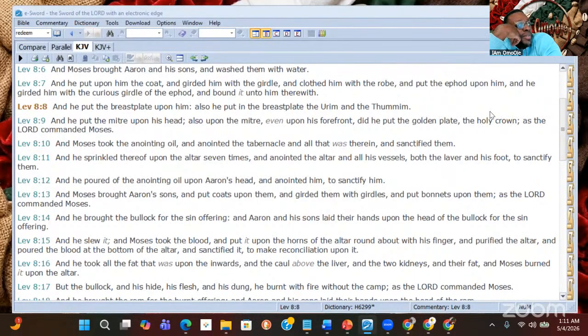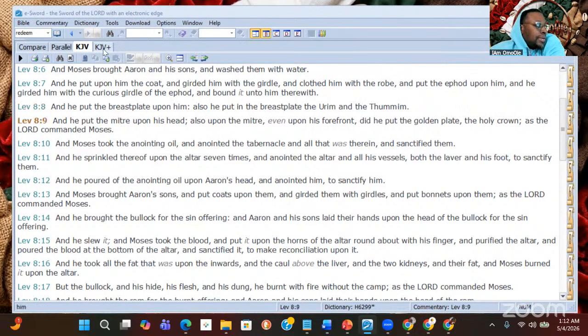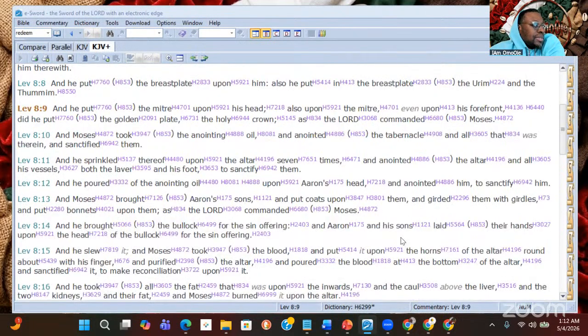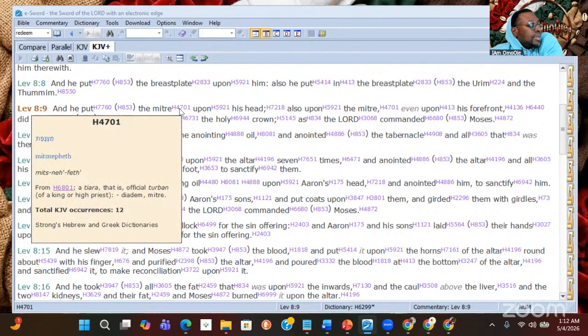And he put the mitre upon his head, also upon the mitre, even upon his forefront. What's the word for mitre? I might as well read this whole section with the expanded language. There's a lot of things I want to know. Mitznefet, official turban of a king or high priest, diadem, mitre.